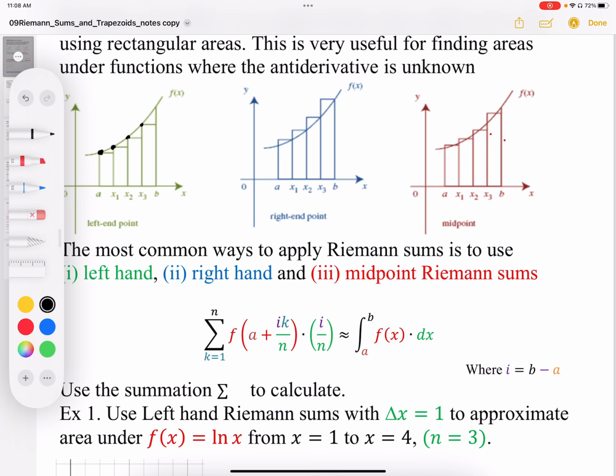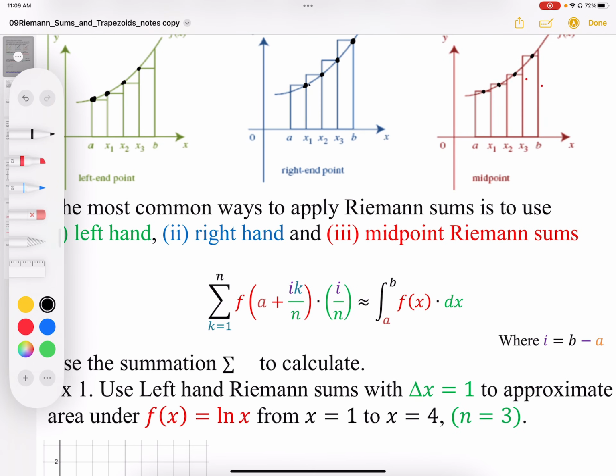Okay, there's right-hand Riemann sums, where the right edge of the rectangle touches the curve, and the right edge then establishes the height of the rectangle. And then there's the midpoint, where the rectangle will touch the middle of the curve to establish the height of the rectangle. Okay, so there's left-hand, right-hand, and midpoint Riemann sums.